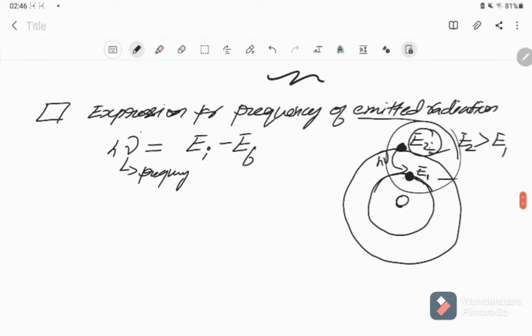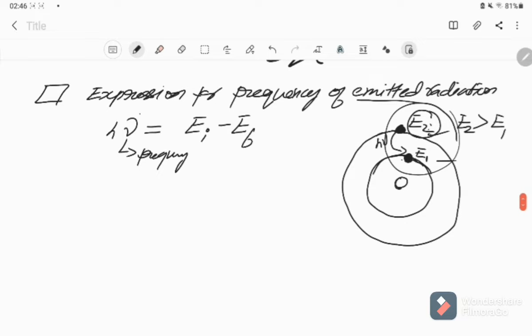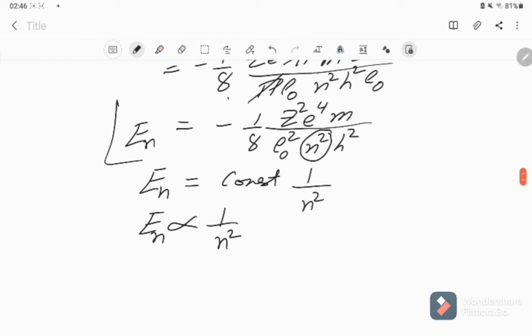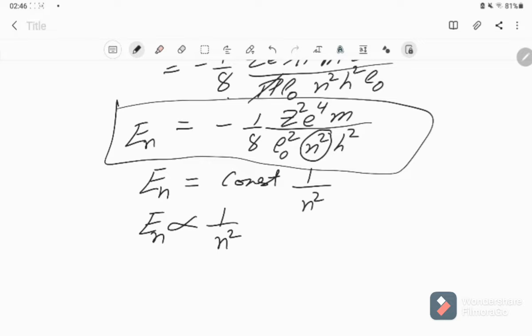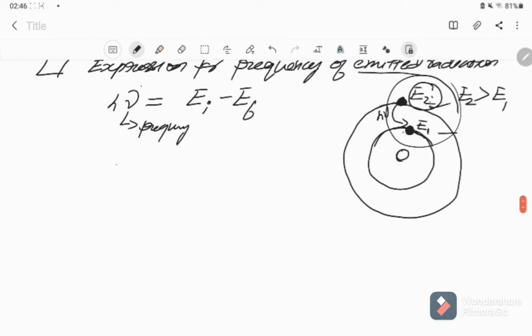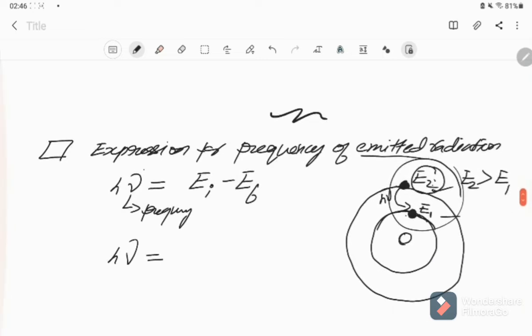Now in our previous video we found the formula for the energy of the electron. So h mu equal to E_I.